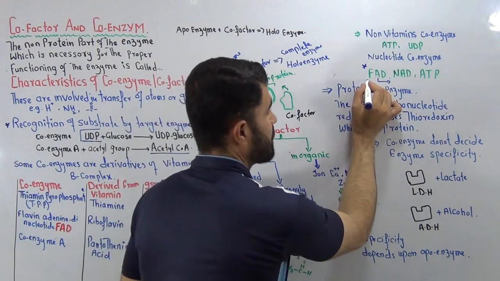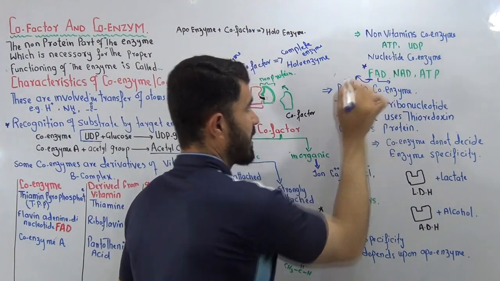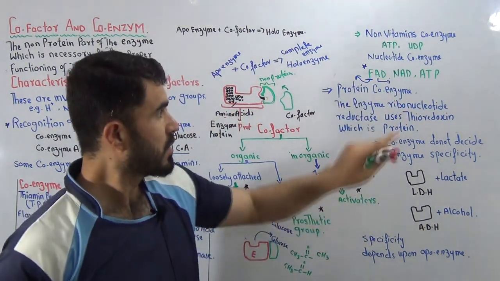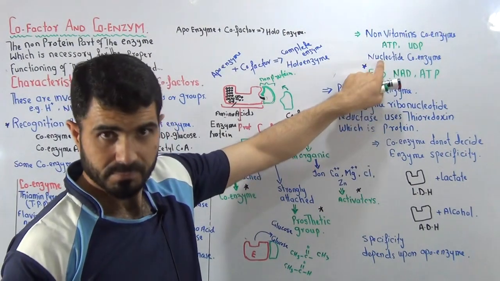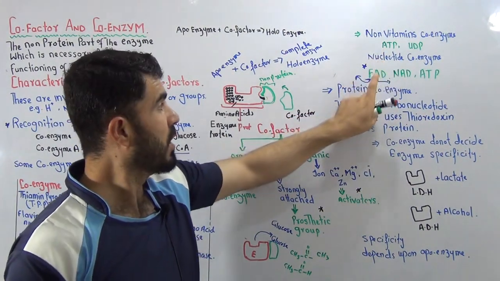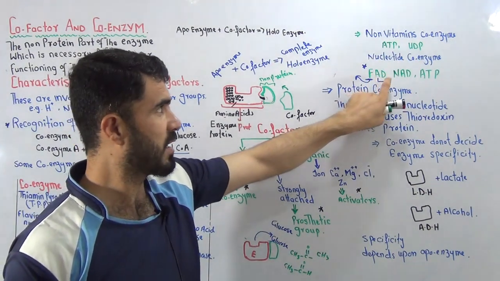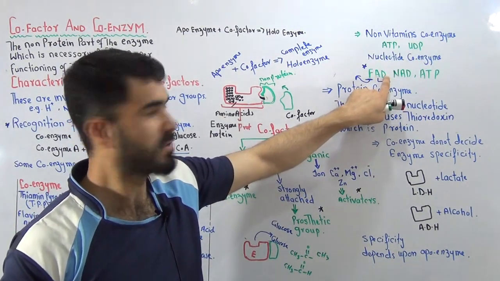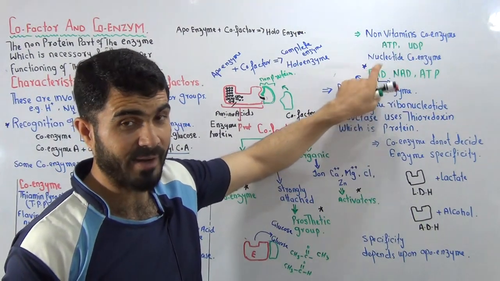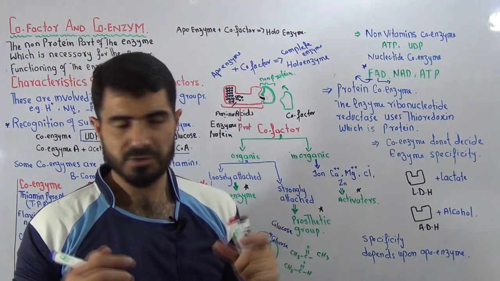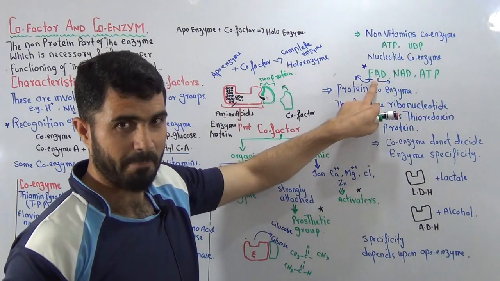But this flavin is again from the vitamin side. So in the FAD coenzyme, the vitamin part is there, and the nucleotide part is also there. Flavin adenine dinucleotide is still a coenzyme.